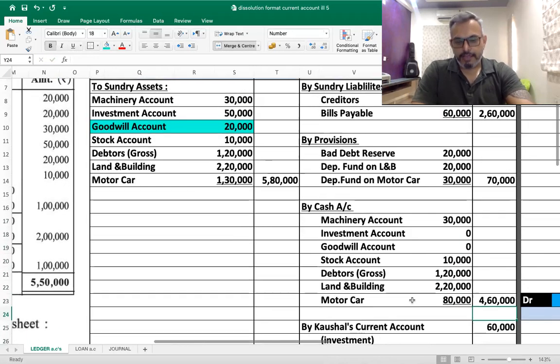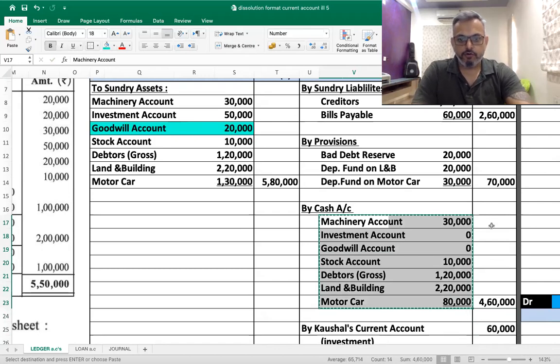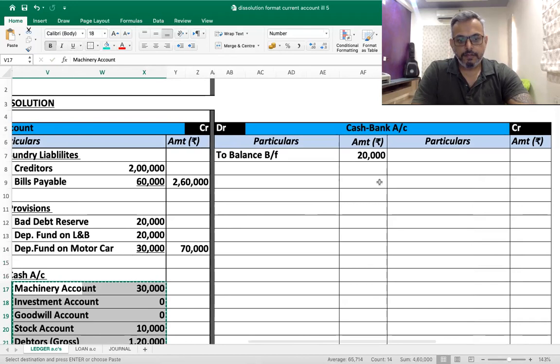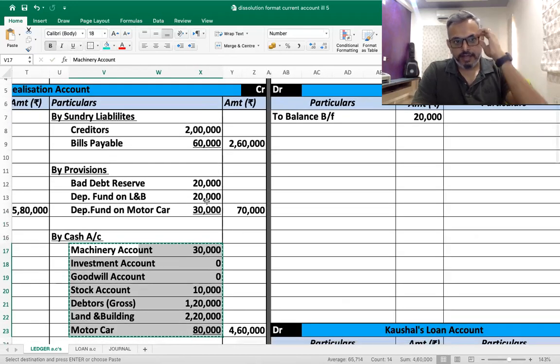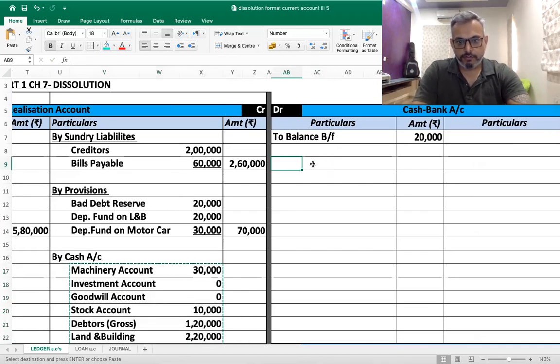नाउ एक इफेक्ट इधर आ गया, दूसरा इफेक्ट विल गो टू कैश अकाउंट. सो लेट्स गो टू कैश अकाउंट. इन कैश अकाउंट नाउ सी कैसे करना है. रियलाइजेशन अकाउंट क्रेडिट, तो कैश अकाउंट डेबिट. सो वी ट्रांसफर इट ओवर हियर.